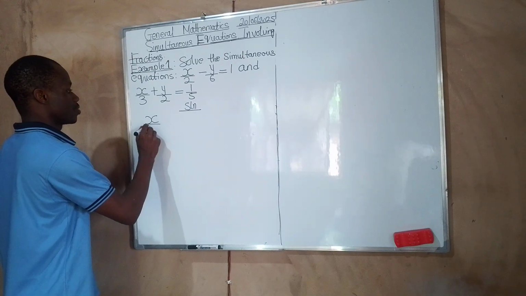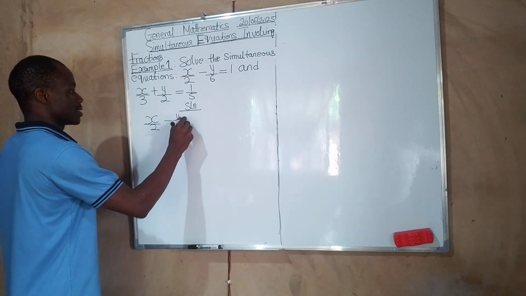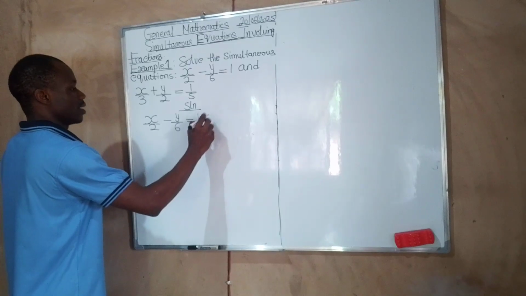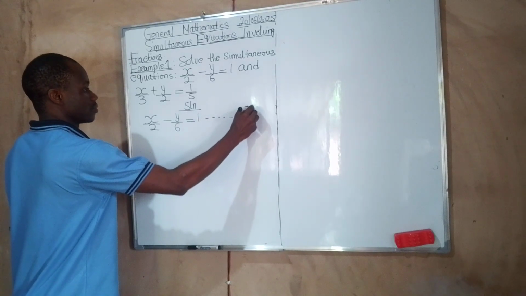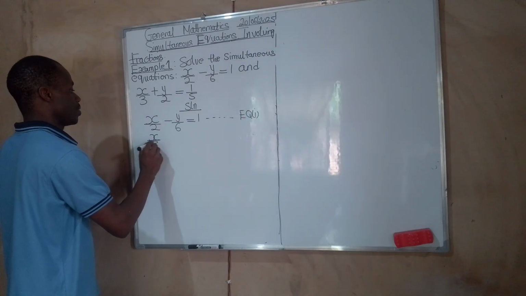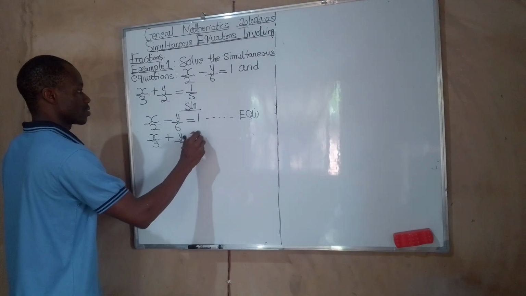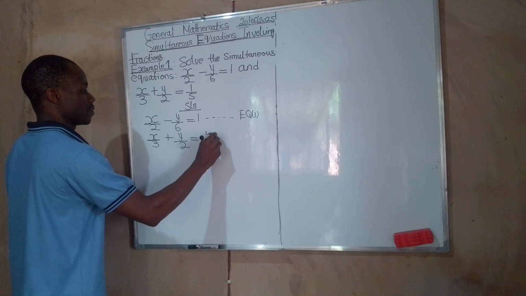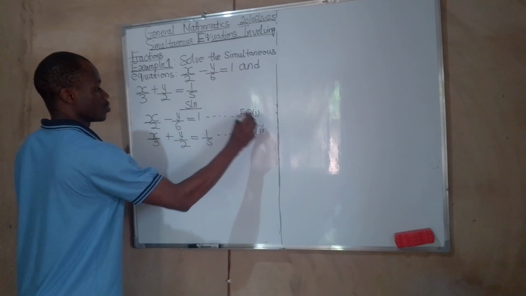So x over 2 minus y over 6 is equal to 1, and we identify this as equation 1. And x over 3 plus y over 2 is equal to 1 over 5, and we identify this as equation 2.